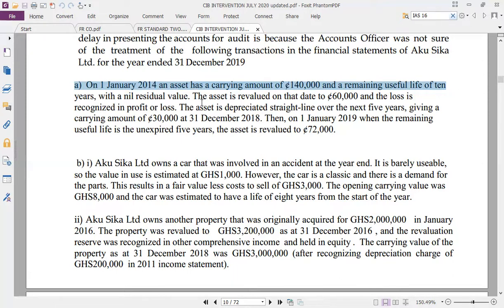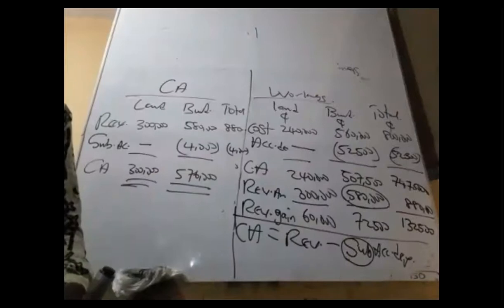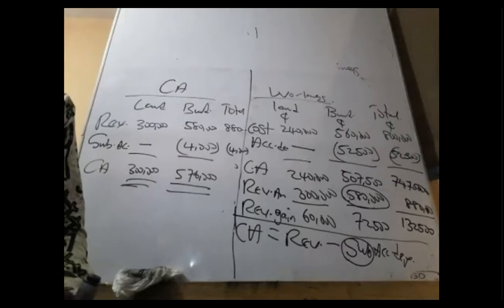The asset is revalued on that date to 60,000, and the loss is recognized in profit or loss. A loss of what? So 140,000 against 60,000, right? So let's quickly go to the board.